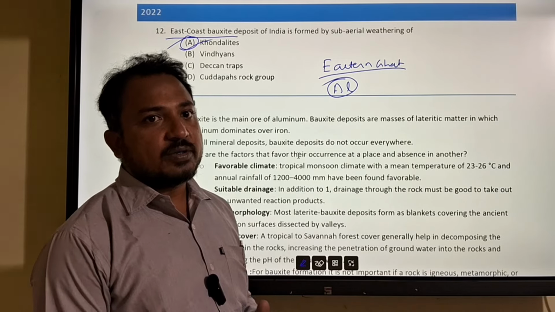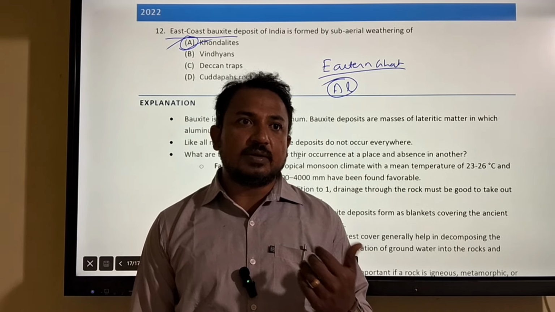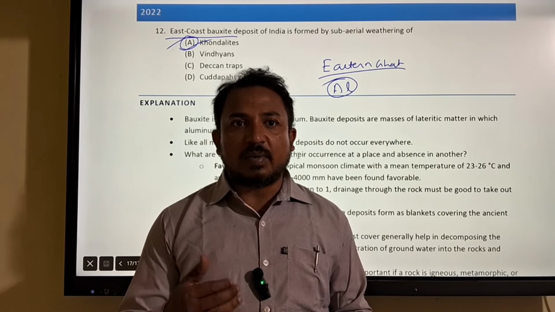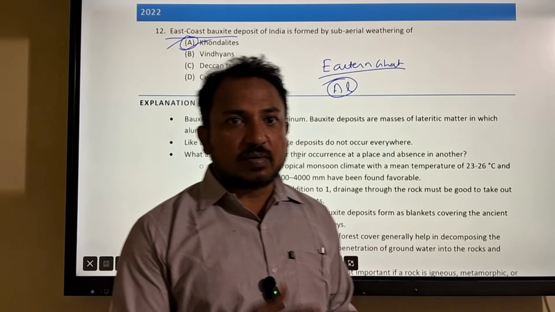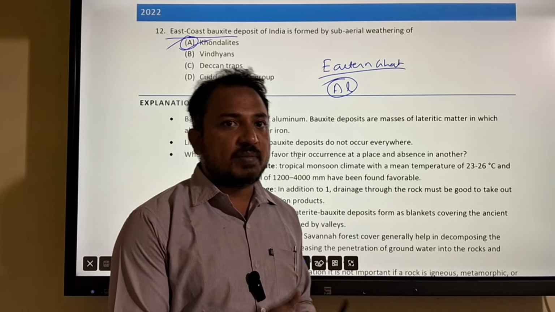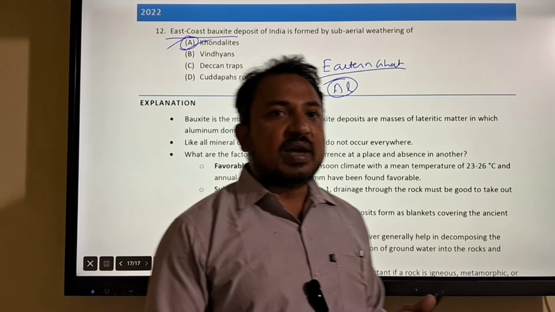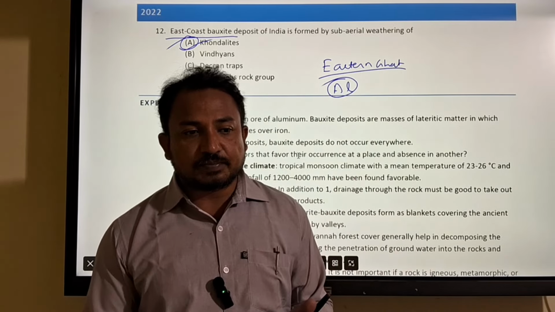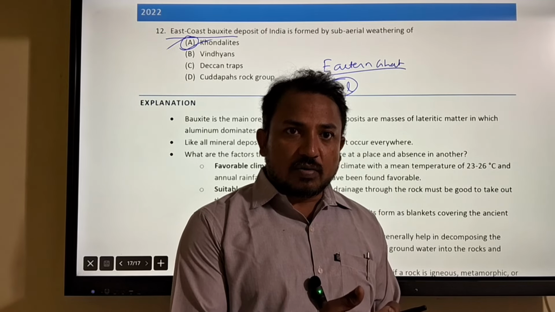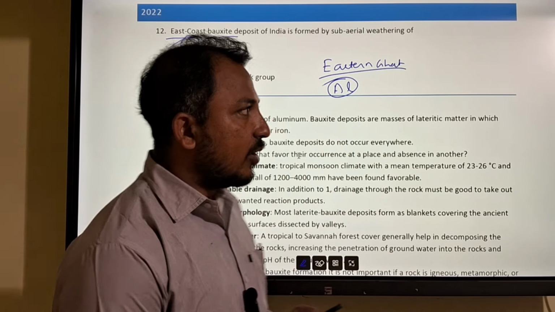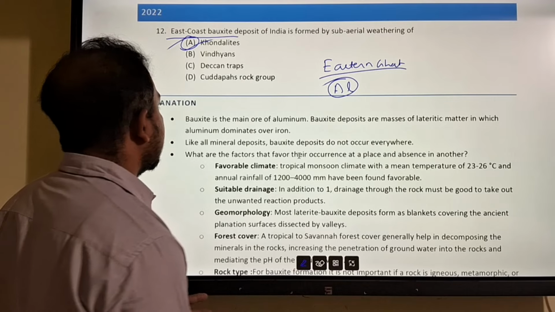Bauxite is produced by residual concentration deposition. Residual concentration deposition means any rock that undergoes chemical weathering, where all the other constituents of the rock are removed and aluminum gets deposited in the place. So that is a chemical precipitation deposition, controlled by pH condition, where aluminum will not be leached, while other constituents will be leached.